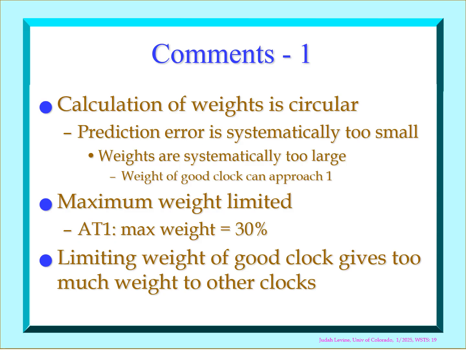Namely, in some sense, it's an average of itself against itself. And what that means is that the prediction error is systematically too small, because a clock is predicted against an ensemble in which it was a member, it was a contributor. If the prediction error is too small, the weights are systematically too large.